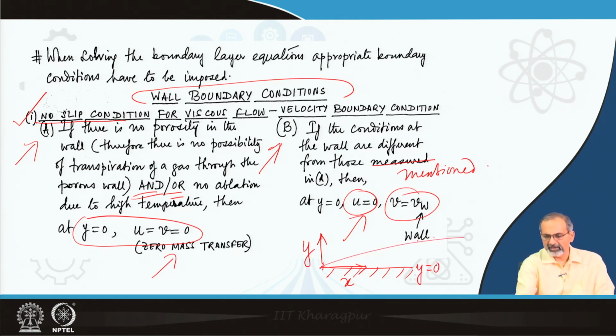You have a boundary layer formed on the wall like this, and you are talking about imposing boundary condition at any point on the wall. So, if there is some kind of a flow normal to the wall, then you will have a v which is not equal to 0, and the subscript w of course is standing for the wall itself.